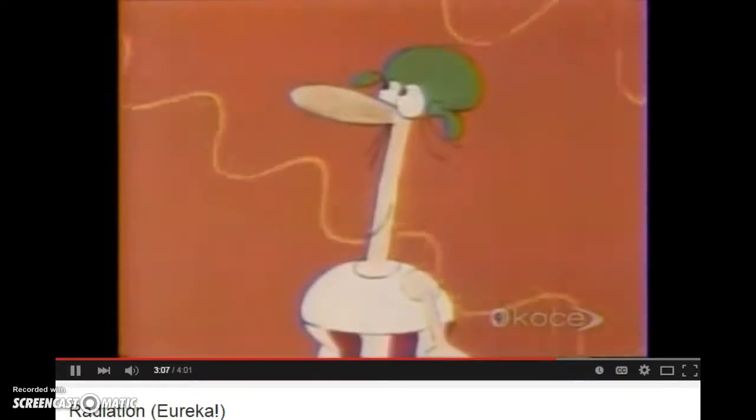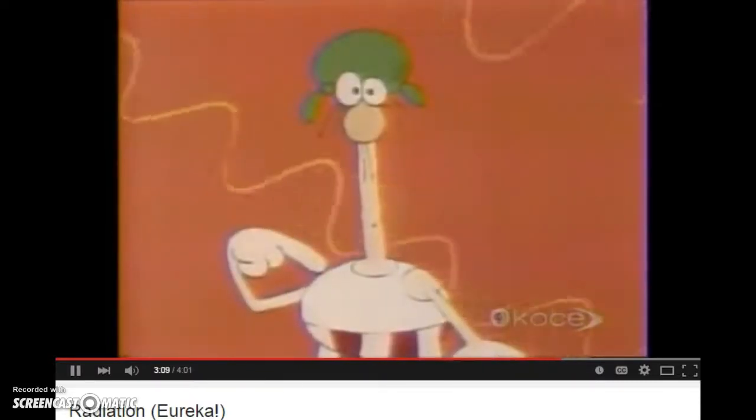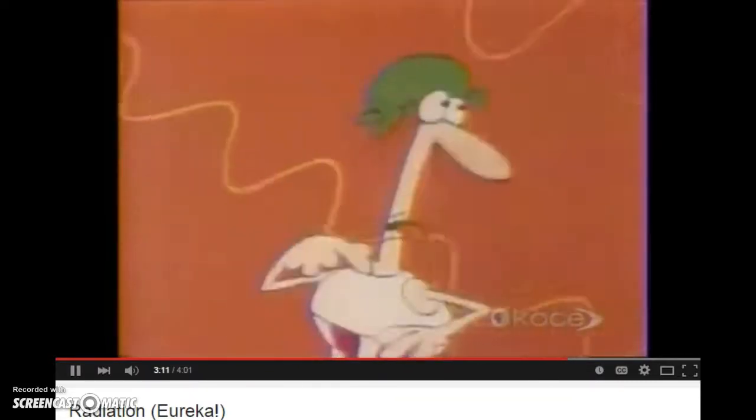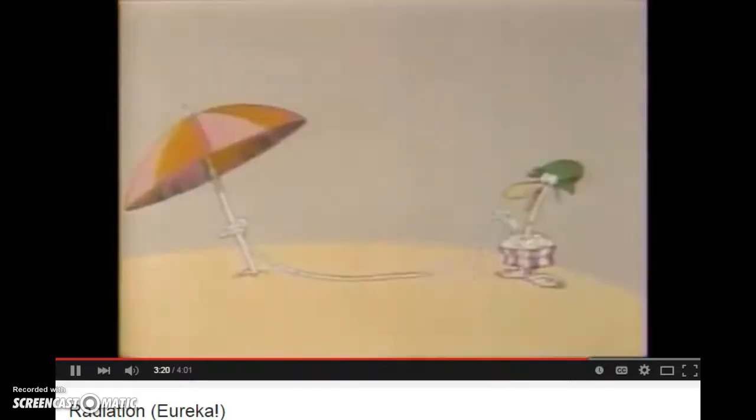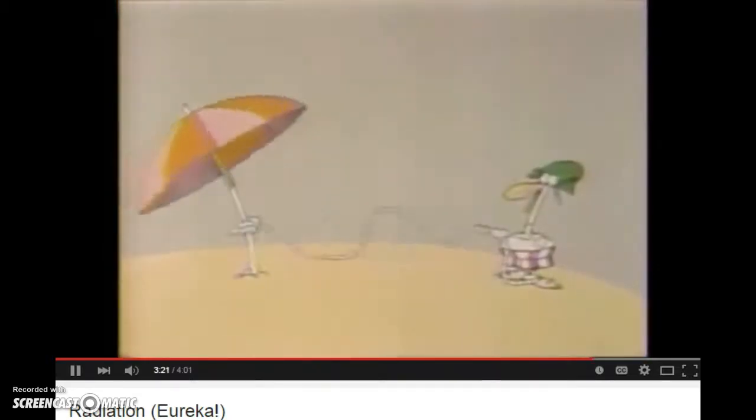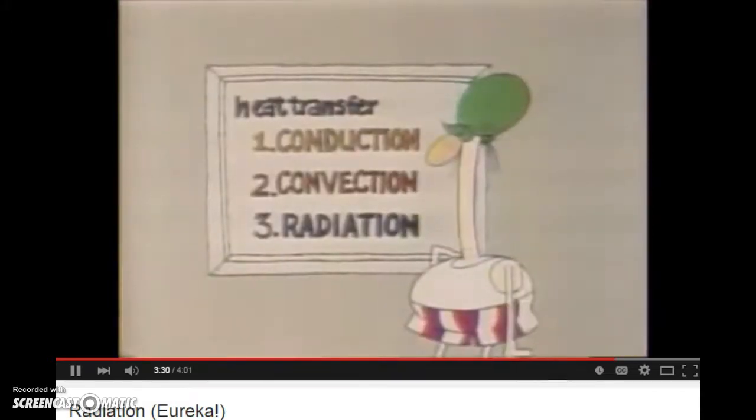So it's by means of radiation waves that the sun can transfer its heat energy to you and make your molecules go faster and therefore make you hotter. It's kind of cool, isn't it? Even though the sun is millions of miles away. Just by means of waves, you can make the umbrella move, and the same thing's happening. The sun is making your molecules move faster because it's giving you the heat energy because it's radiating.